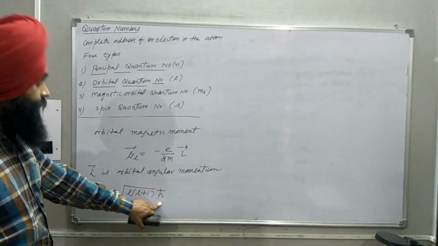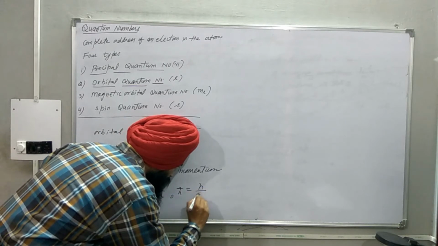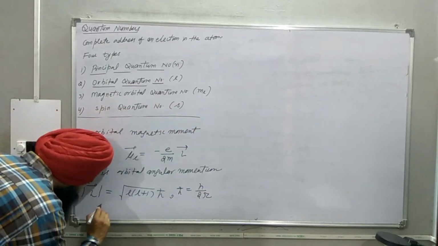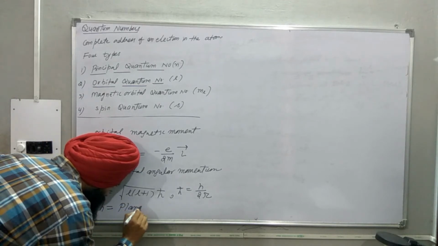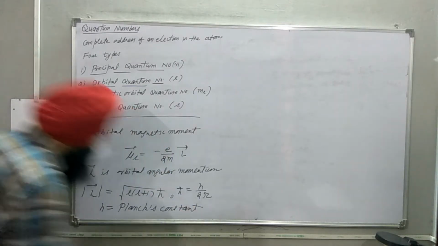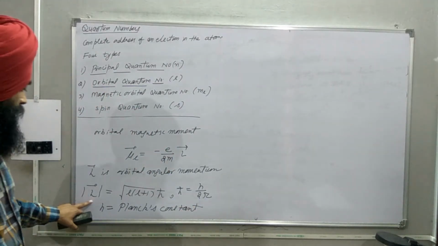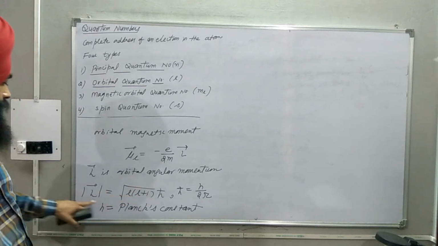So you can see that h cut is equal to h upon 2 pi, everybody knows h is Planck's constant. Right? So you have to remember this formula. We will use it in the next few lectures.